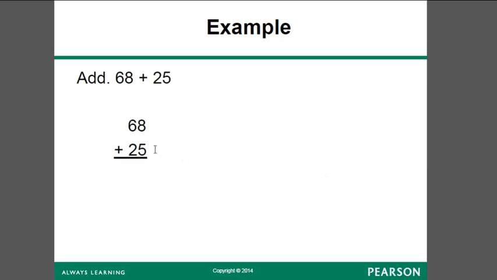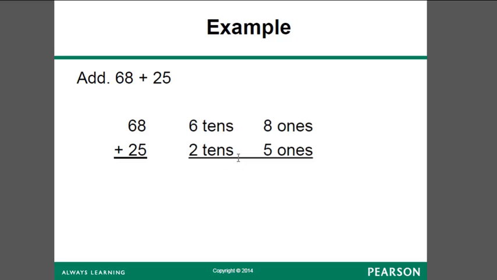What I want to look at is 8 plus 5, what is 68 plus 25? Another way of looking at this is that this is 6 tens and 2 tens, 8 ones and 5 ones, because those are the columns that those digits are in.